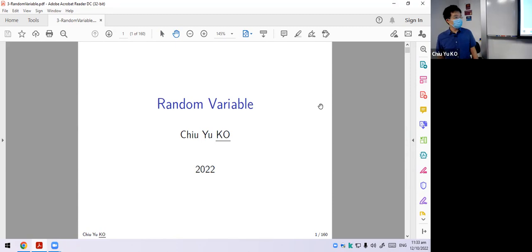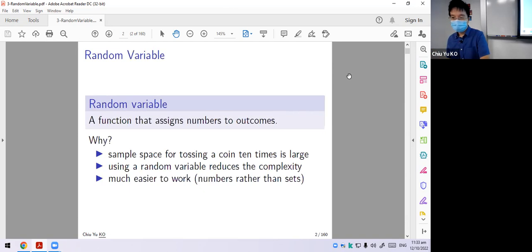So let's quickly review what we have done, and then we will continue our journey on this. Okay. So random variable, as you might be expecting, is a way to put numbers on the outcomes of the random experiment, right?